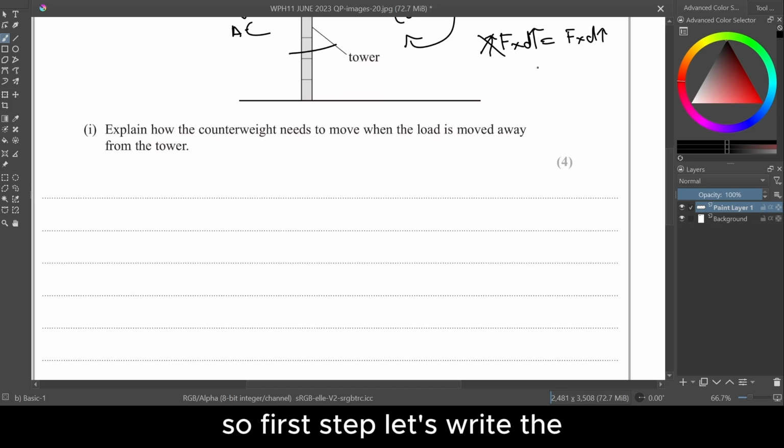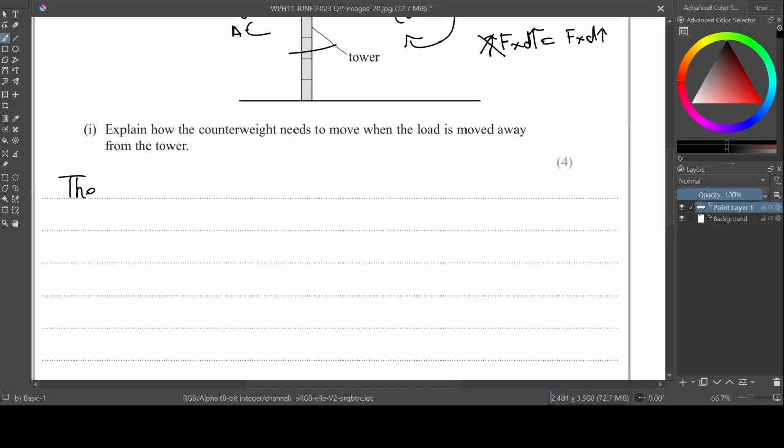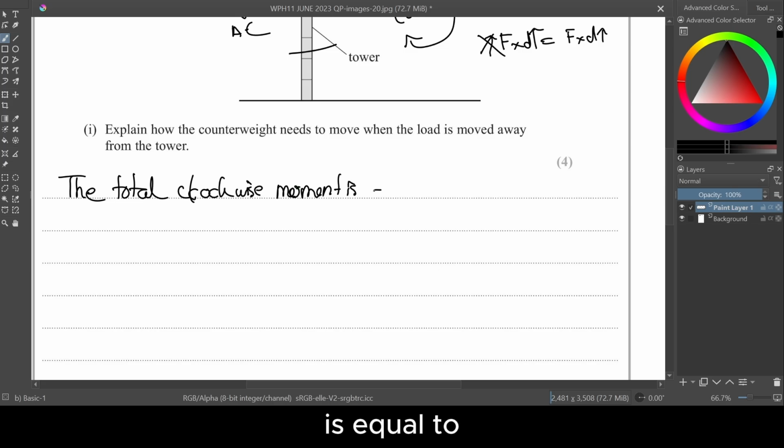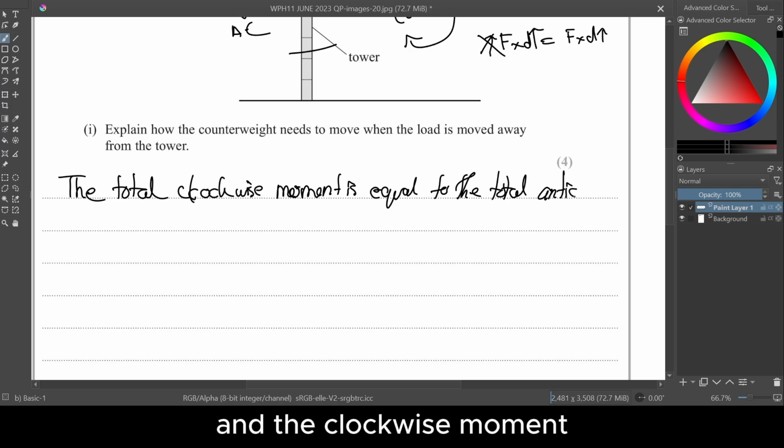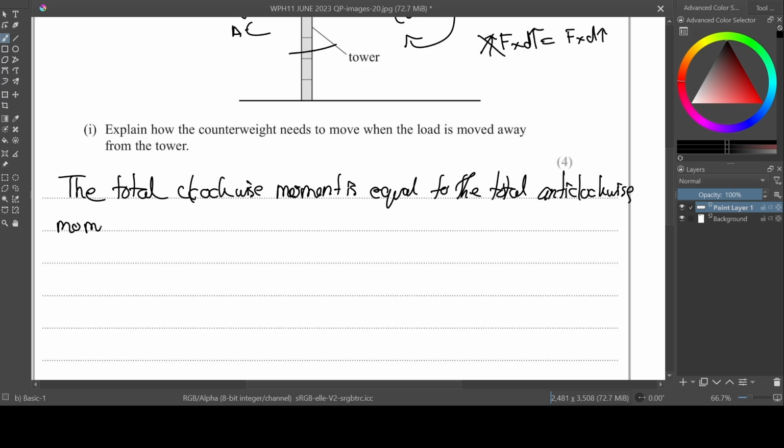Okay, so first step, let's write: total clockwise moment is equal to the total anti-clockwise moment.